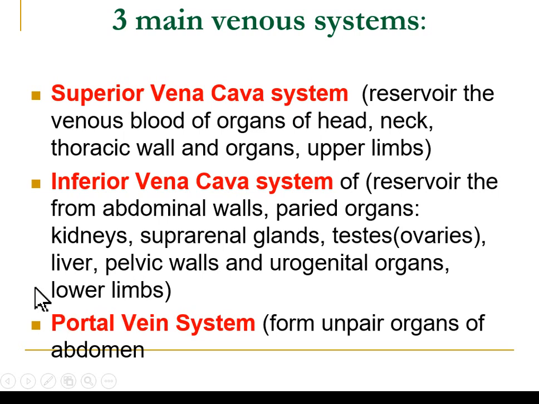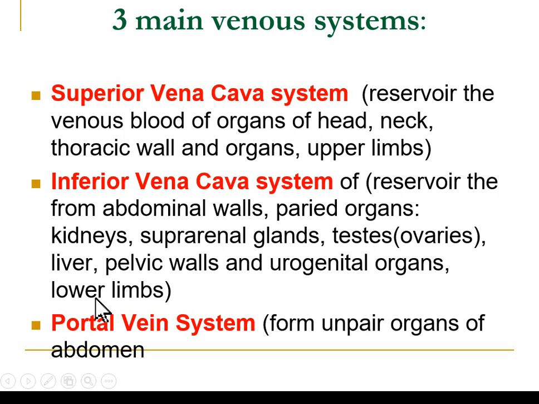This is the function of the inferior vena cava. That is: abdominal walls, kidneys, suprarenal glands, testes, ovaries, liver, pelvic walls, and urogenital organs and lower limbs.